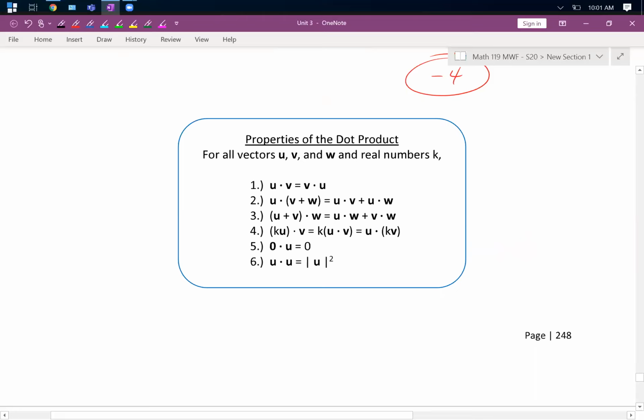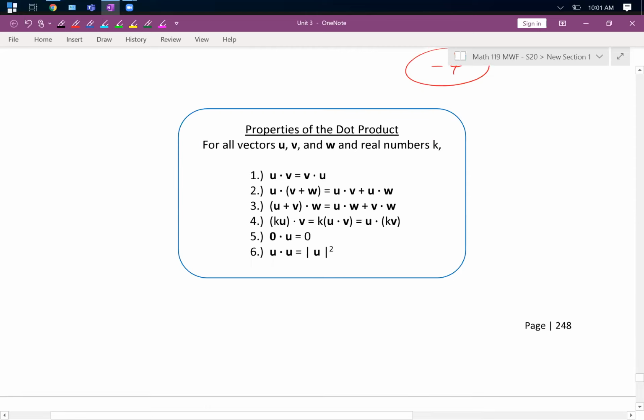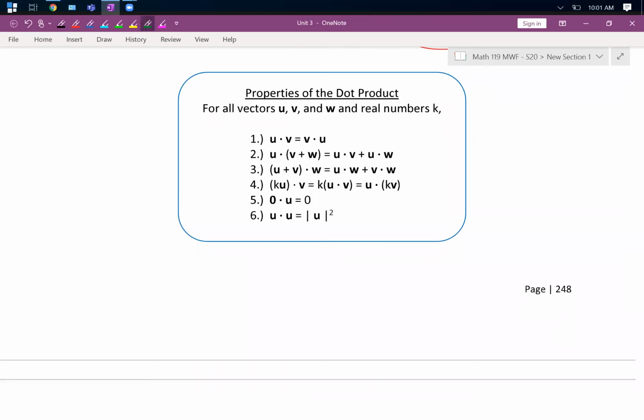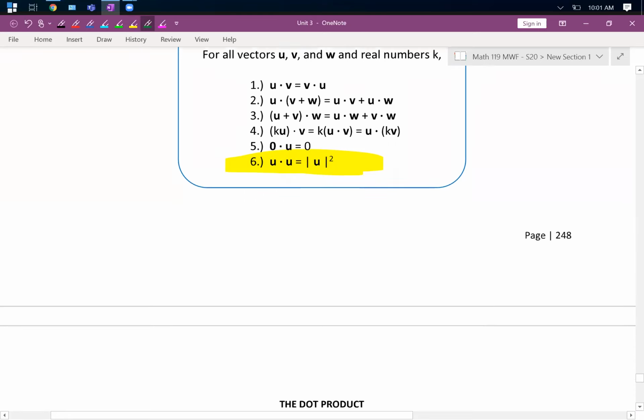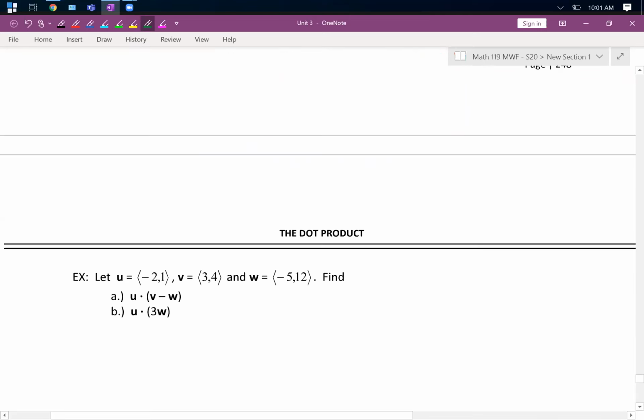Number 5 says if you dot any vector with the 0 vector, you get 0, which makes sense since the components of the 0 vector are both 0. And if you dot a vector with itself, you get the magnitude of the vector squared. I think that, to me, this is the only one that seems like something new or something that doesn't come natural to my thought.